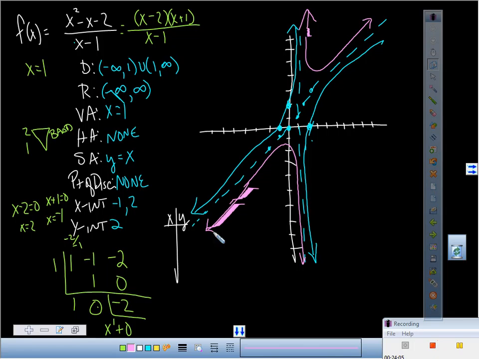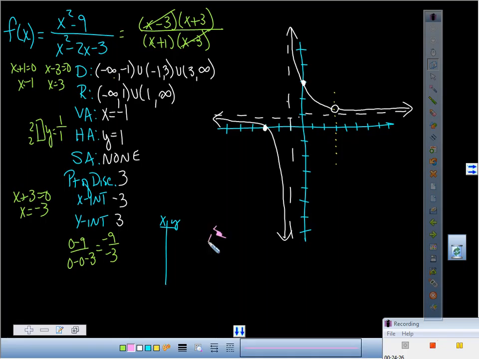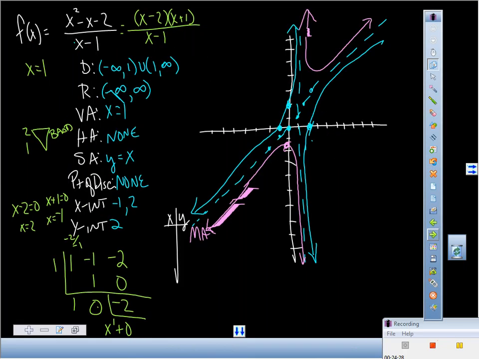Kane says, on my T-chart, I want to know what is this maximum point, and what is this minimum point?